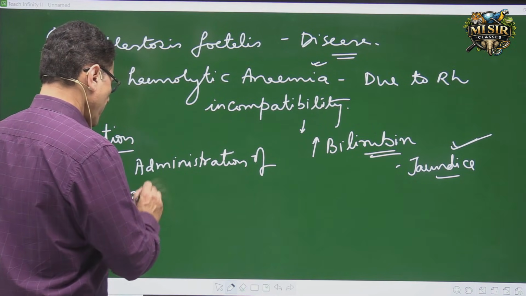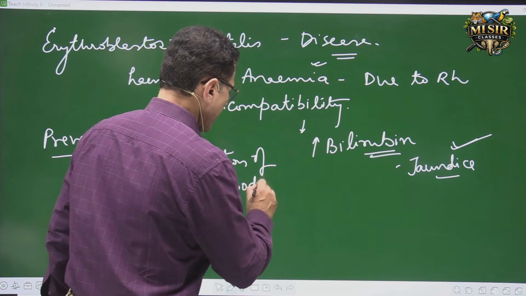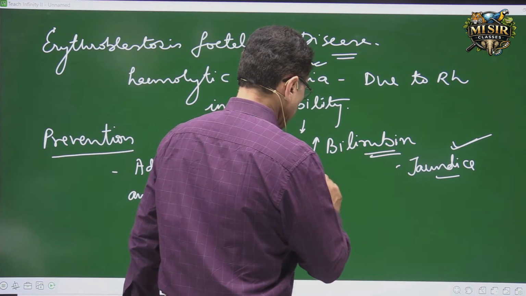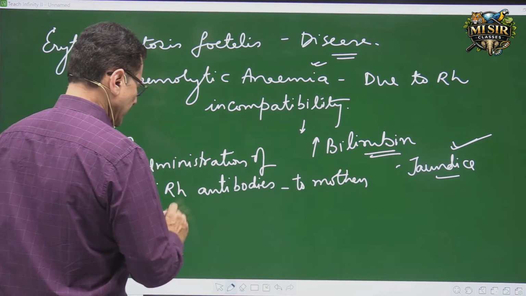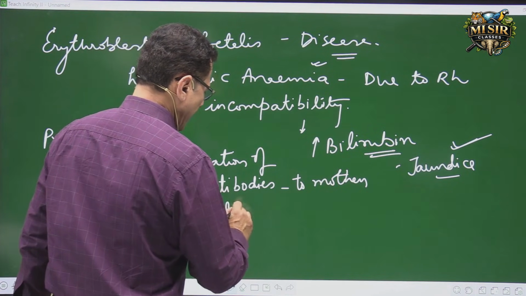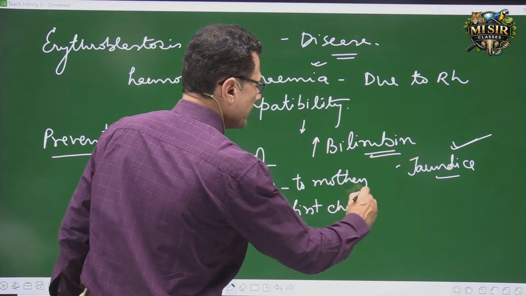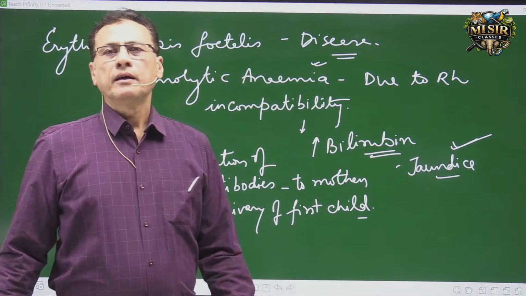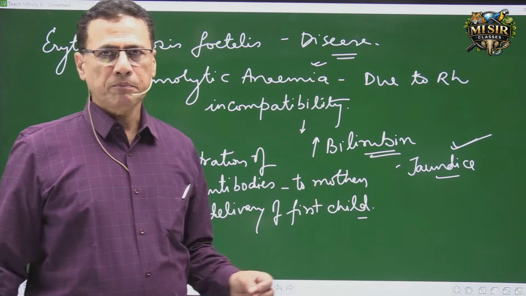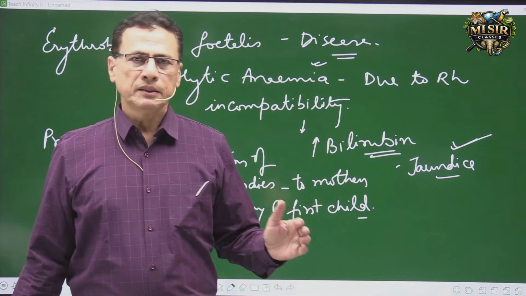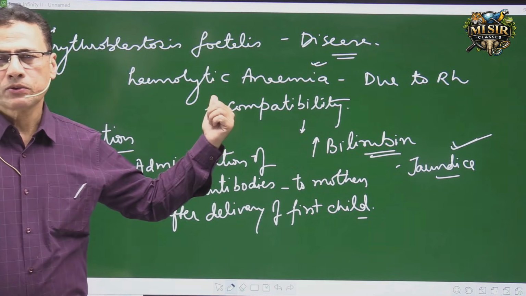There are several recombinant antibodies available in the market for this purpose, which are administered to the mother just after delivery of the first child in this type of cases to avoid erythroblastosis foetalis.